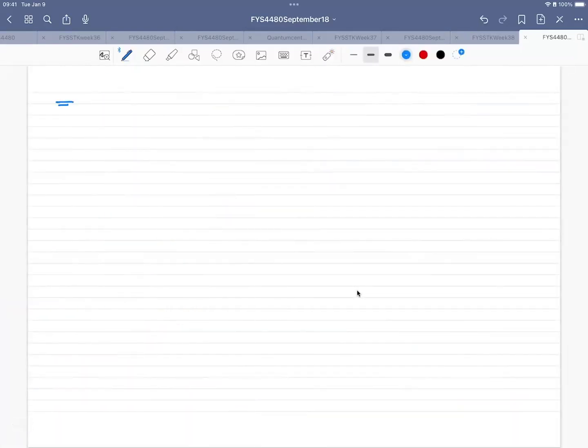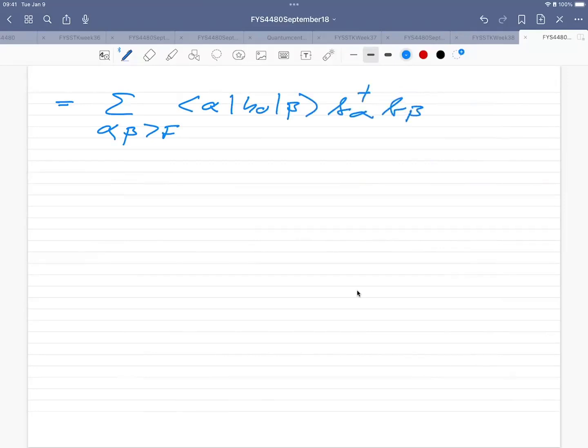So we are going to get, obviously, the first term where alpha and beta are larger than f. And then I have an alpha of H0 of beta and B alpha, B beta. But then I'm going to get two terms here because in the second term I'm going to interchange alpha with beta. So I have a beta less than f.